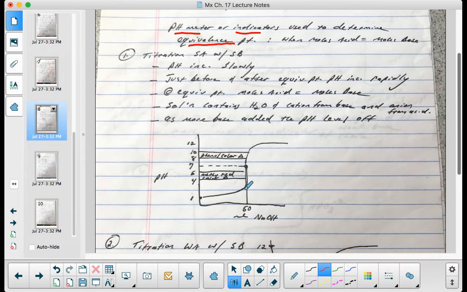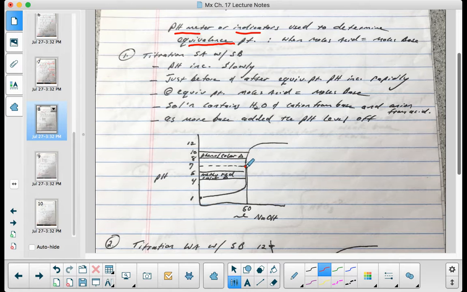Just before and after the equivalence point, which in this case would be 7, there is a sharp, rapid change in pH.